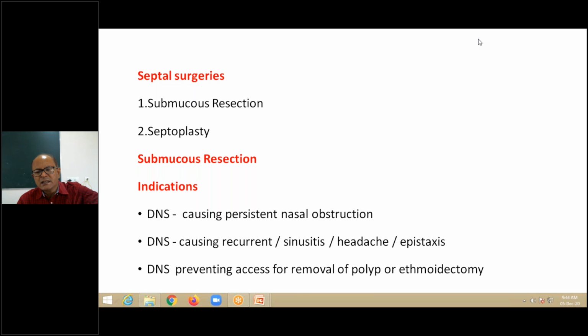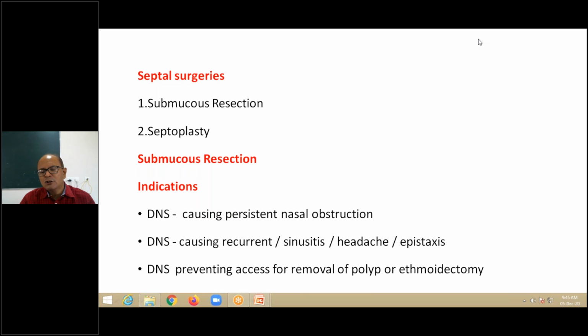In this condition, you cut that excess length of cartilage and push it back into the crest. And the caudal end of the septum, you suture it to the anterior maxillary spine so that it doesn't slip back again.